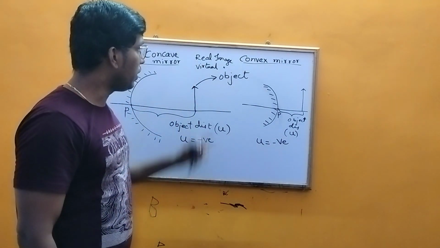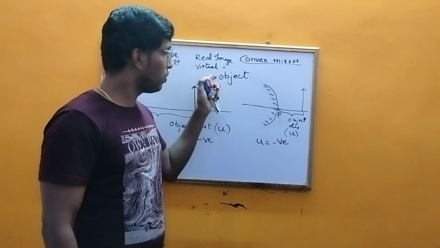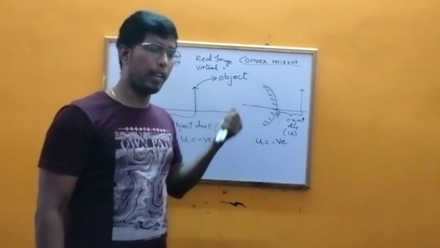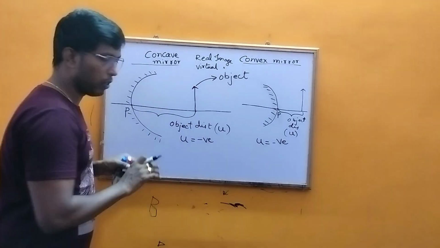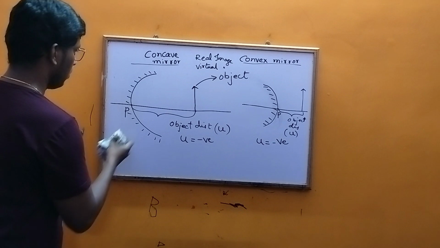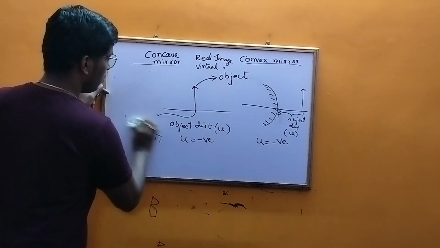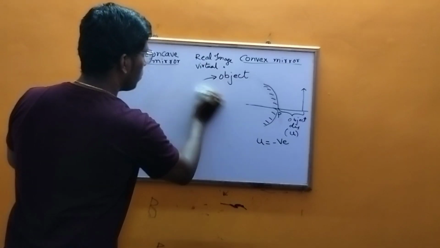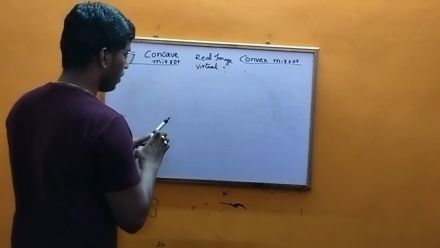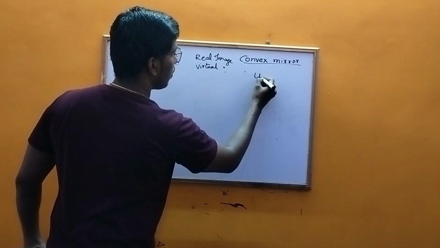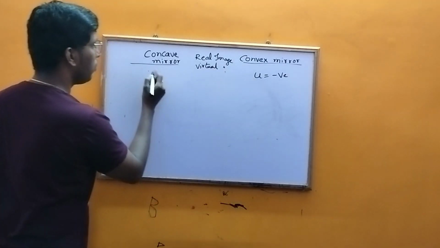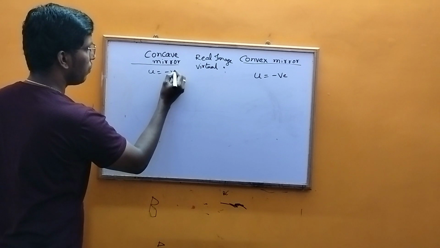To understand about real and virtual image, watch the video which I have already made for the ray diagrams. One point we have learned is object distance will be negative always, for both the mirrors, for concave mirror and for convex mirror.